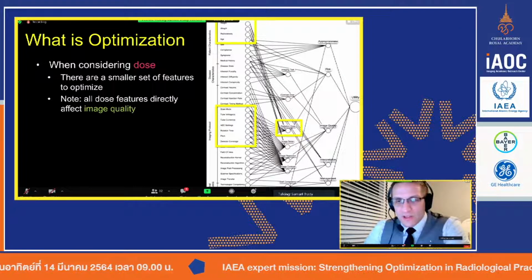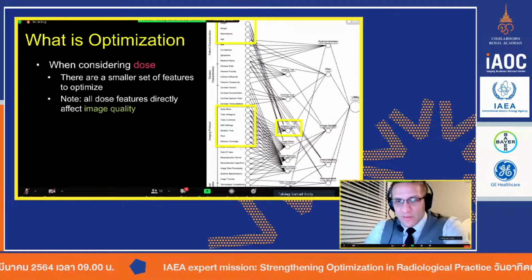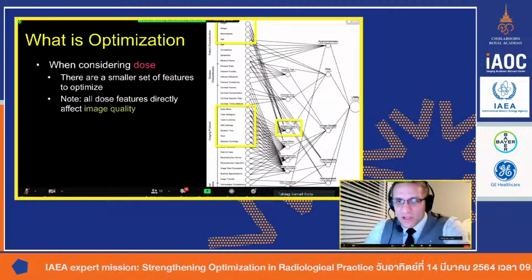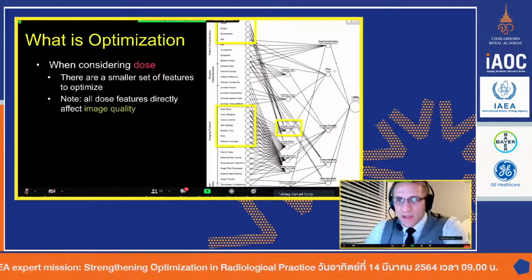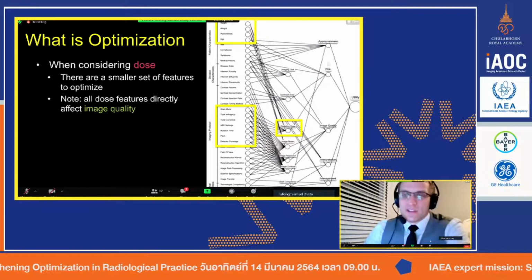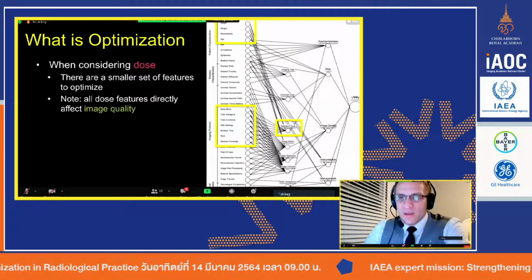Well, we'll explain that in a minute, but any one of these factors right here will affect the radiation output. But radiation dose right here, as you can see, as I draw this line back, it goes back to one of the other higher level optimizations that we're trying to take into account, risk.